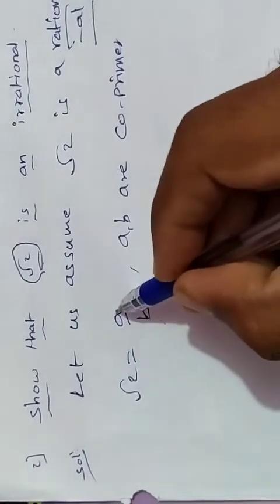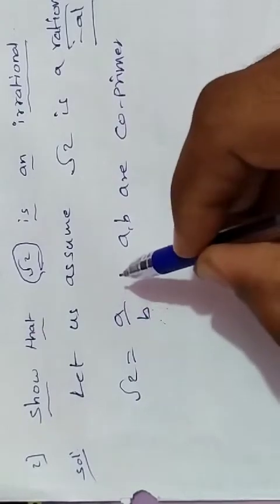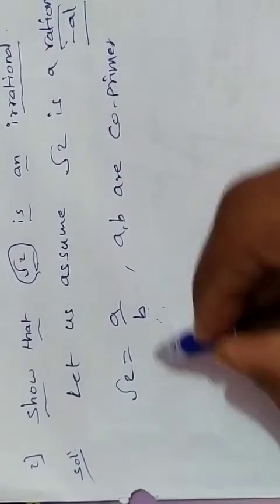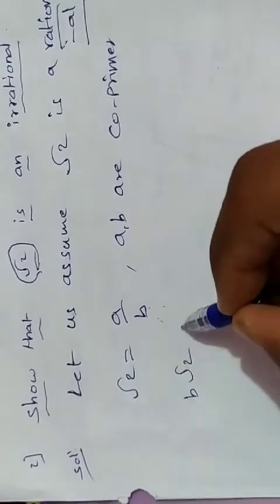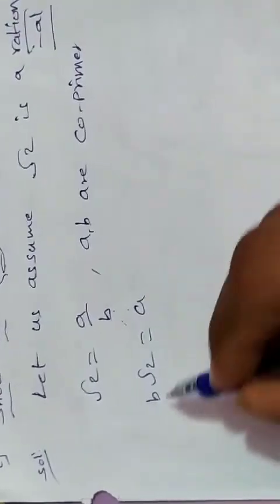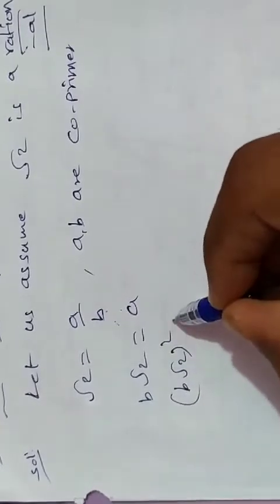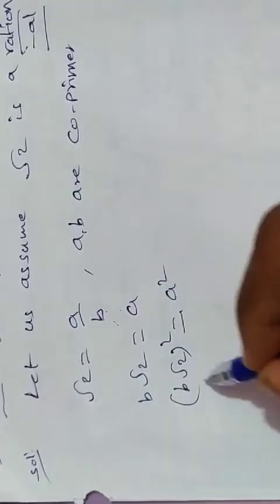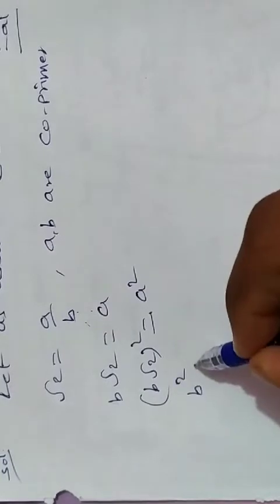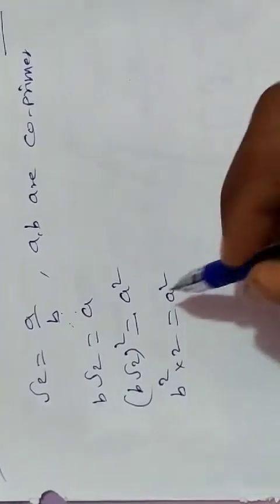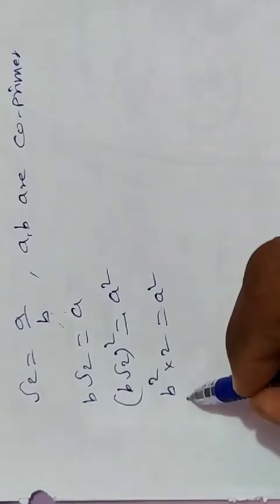Co-primes means a and b have no common factor other than 1. So that implies b root 2 is equal to a. Squaring on both sides, we get b square into 2 is equal to a square. So a square can be written as b square into 2.